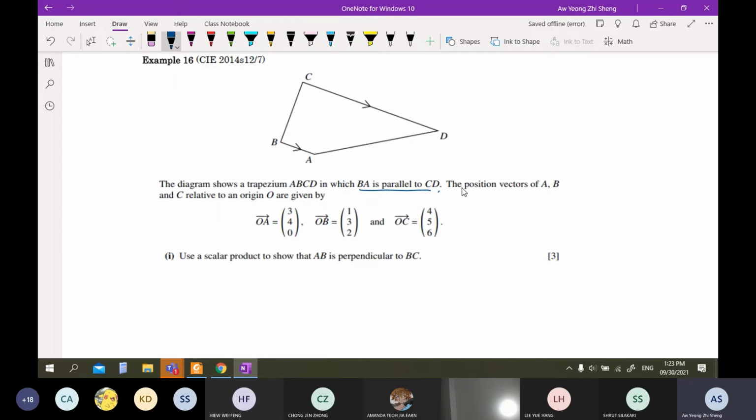Position vectors of A, B, C relative to O, OA, OB, OC are all given in bracket form, which is easy to read. Okay, so that's good for us. Part 1, use scalar product or dot product to show that AB is perpendicular to BC.